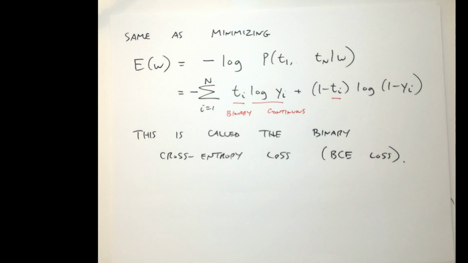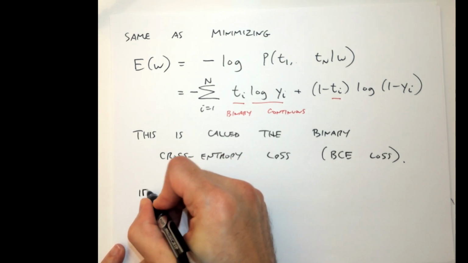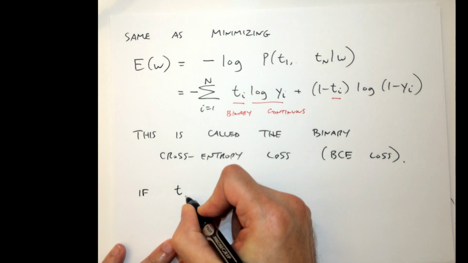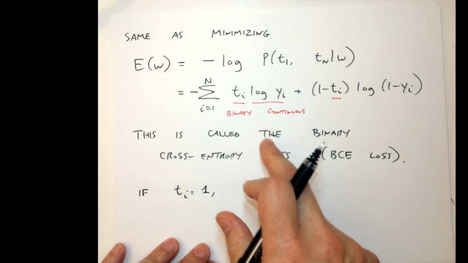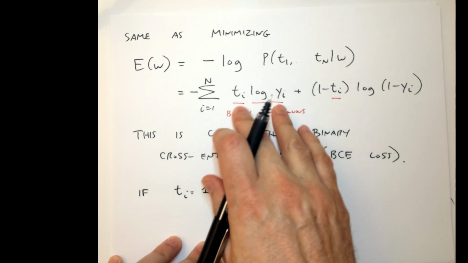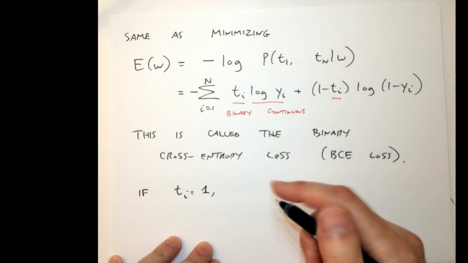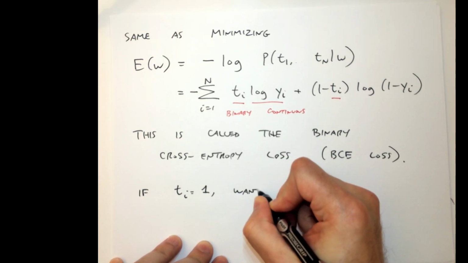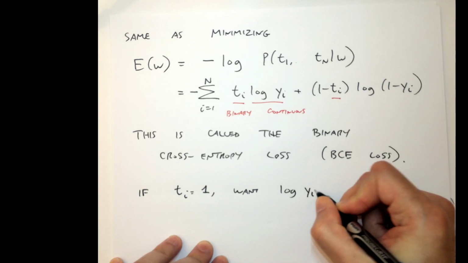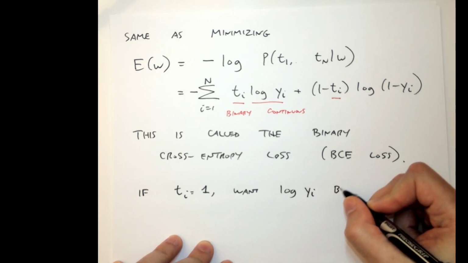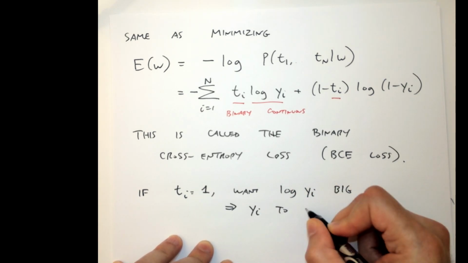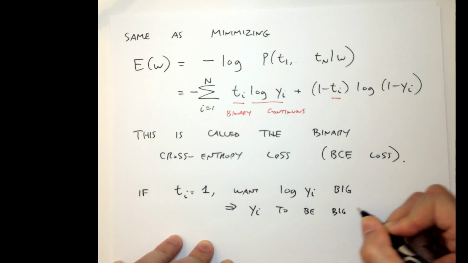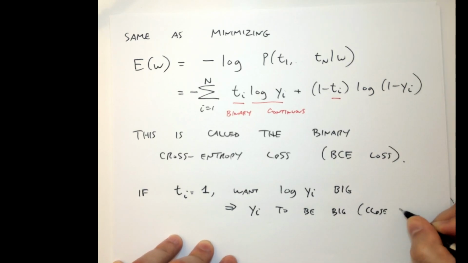So this is like saying that if ti equals 1, then I want to make this number really big, so the negative of this is really small. That means we want log yi to be big, which is like saying I want yi to be big, close to 1.